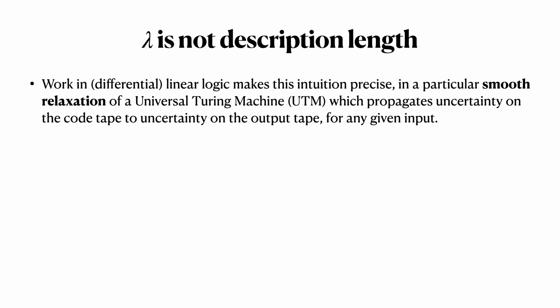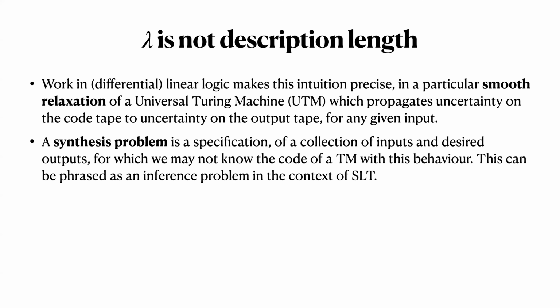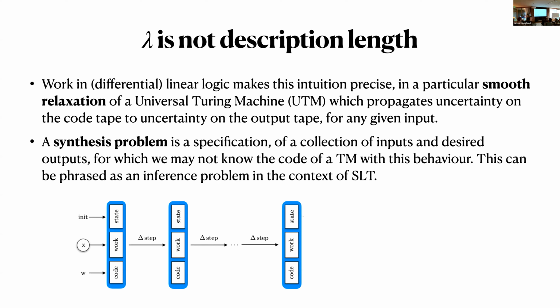The general idea is adjacent to many things we've discussed here: take some classical computational model, whether it's Turing machines or circuits, try to embed that into a smooth relaxation where the original discrete objects are points in a continuous parameter space, and try to cook up a singular learning theory model such that the KL divergence has as zeros the original objects. Let me set up this particular example.